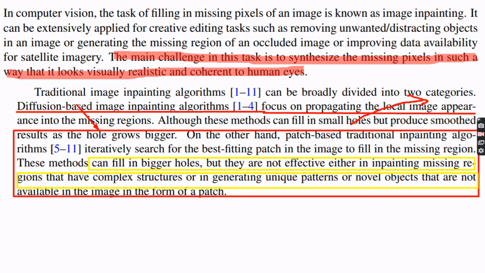As the hole gets bigger, the diffusion-based algorithms, which focus on propagating pixels, can fill in bigger holes, but they are less effective for missing regions that have complex structures, unique patterns, or novel objects that are not available in the image in the form of a patch. The patch can be a pixel of white or blue, but yet this dataset mostly uses black patches.